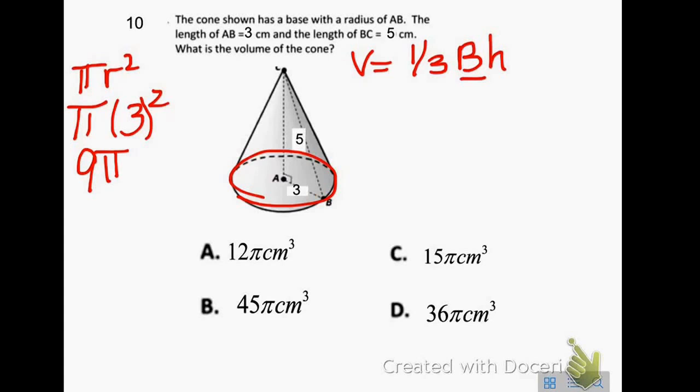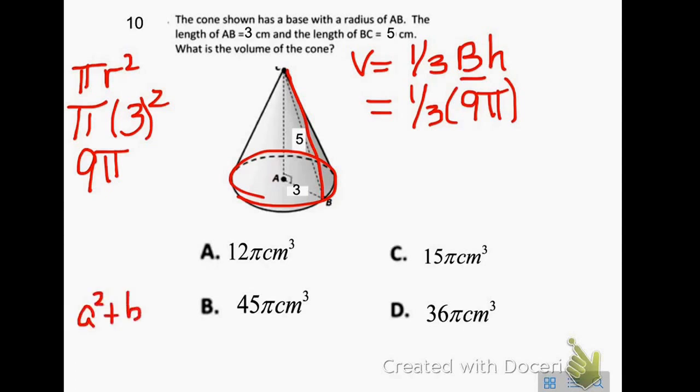So if I go back to my formula, I would say 1/3, capital B is 9 pi. Then I multiply by h, but 5 is not h, 5 is the slanted part. So again, I've got to use my Pythagorean theorem, a squared plus b squared equals c squared. So we could say a is 3 squared, I need to find b, equals 5 squared.